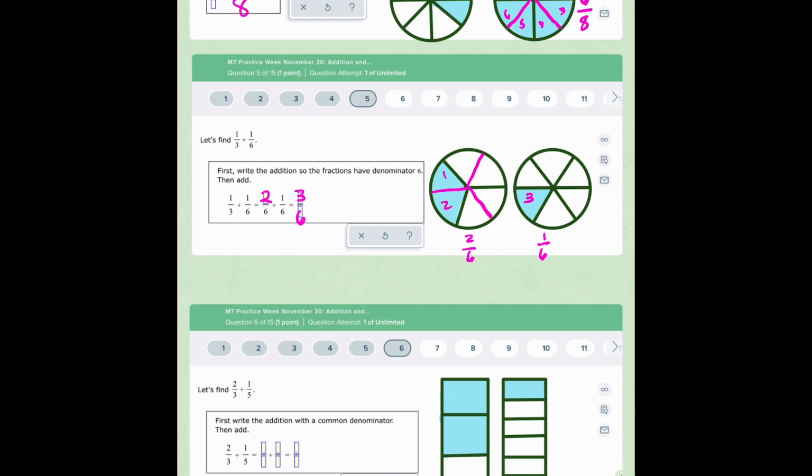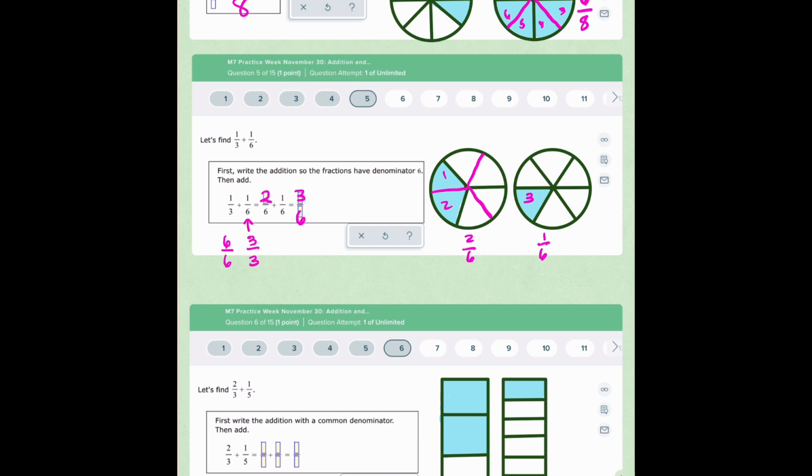This is using a least common denominator because 3 goes into 6. We could do the multiplying and we would get the same answer. So let's say we did 3 times 6. We're going to do the 6 over 6, and we're going to do the 3 over 3.